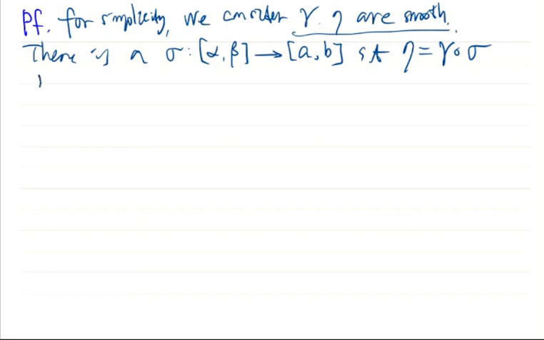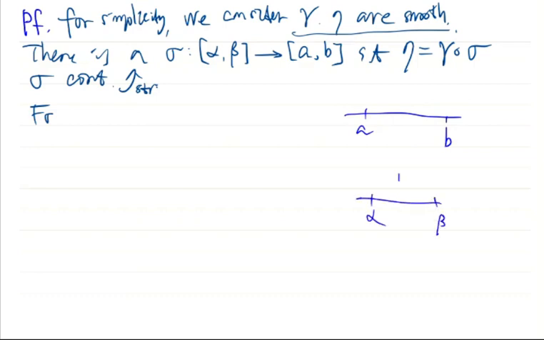Here this sigma is continuous and strictly increasing. So I draw a picture. This is [a, b]. This is [alpha, beta]. This is our sigma. And this is our gamma. This is our eta.